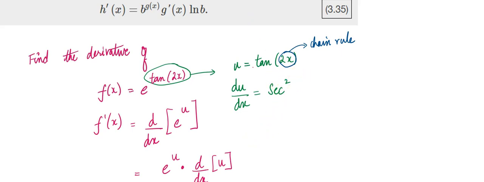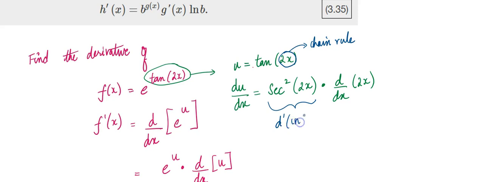So we now have the derivative of the outside, which is secant squared 2x, because the derivative of the outside was only the focus on tan, times the derivative of the inside. So let's take a quick shot at what we just did. The outside was tan. So tan's derivative is secant squared. And the derivative of inside is the 2x.